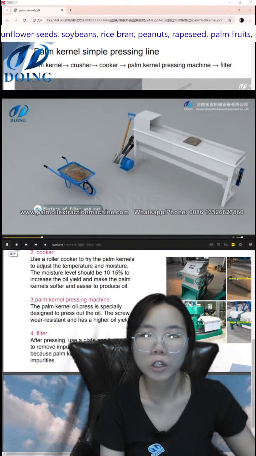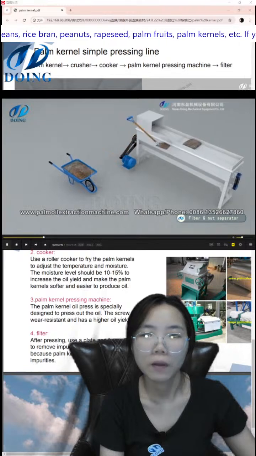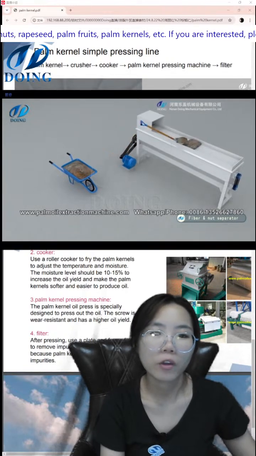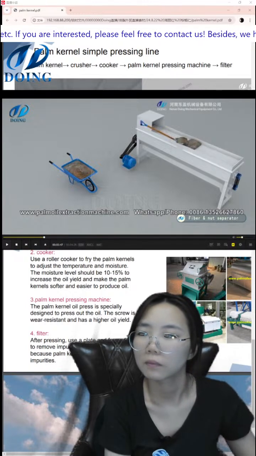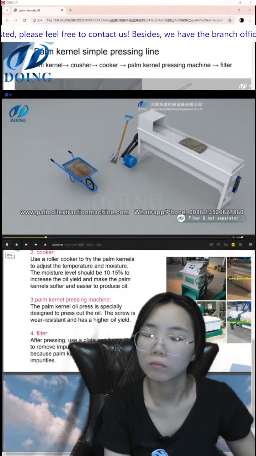Okay, the first machine is the fiber separator. After the palm nuts with the fiber enter the separator, now we can see in this video.